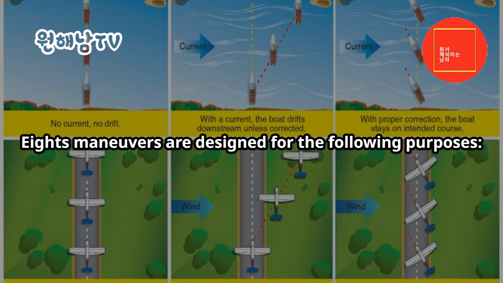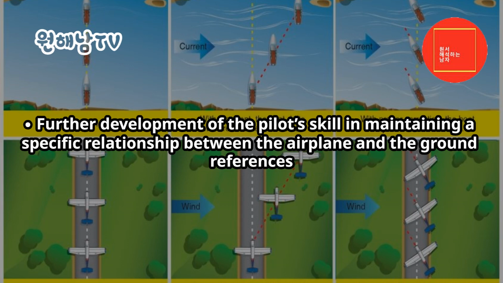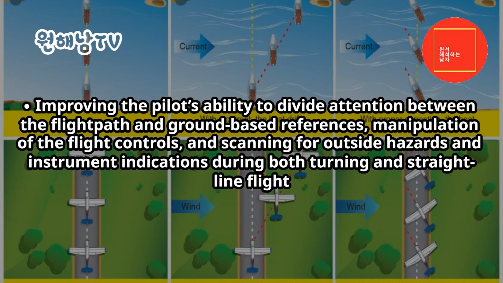Eights maneuvers are designed for the following purposes. Further development of the pilot's skill in maintaining a specific relationship between the airplane and the ground references. Improving the pilot's ability to divide attention between the flight path and ground-based references. Manipulation of the flight controls, and scanning for outside hazards and instrument indications during both turning and straight-line flight.